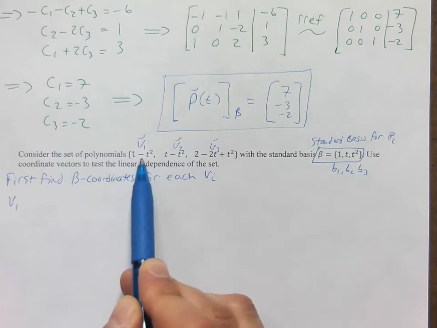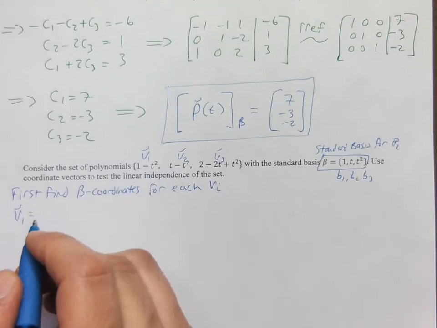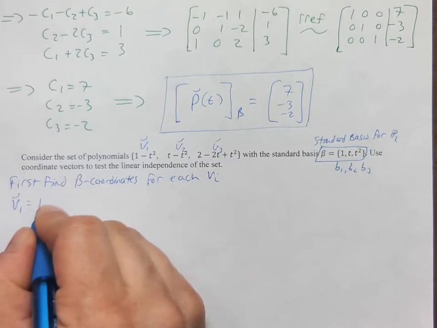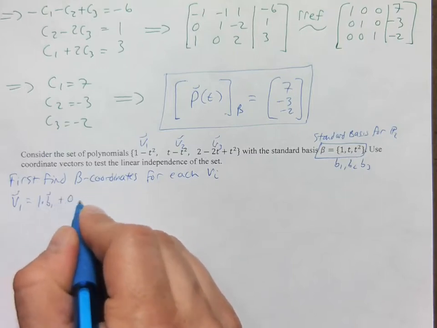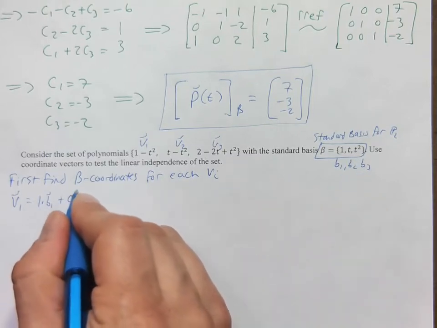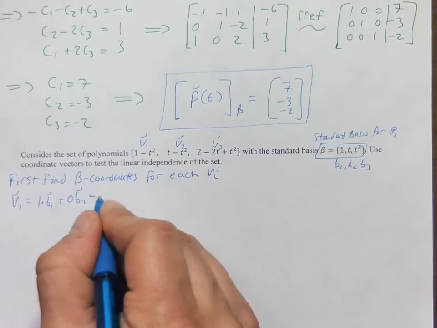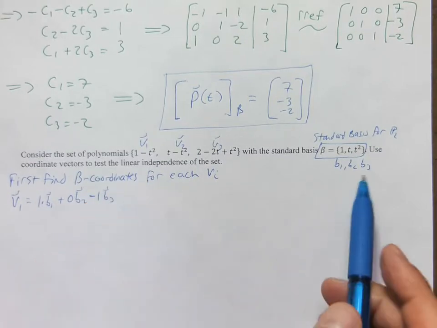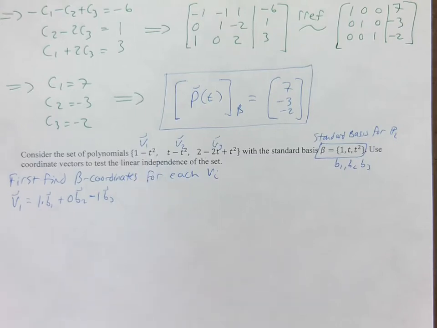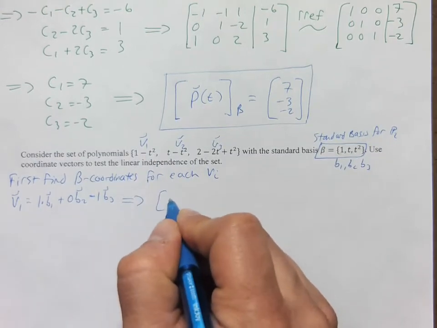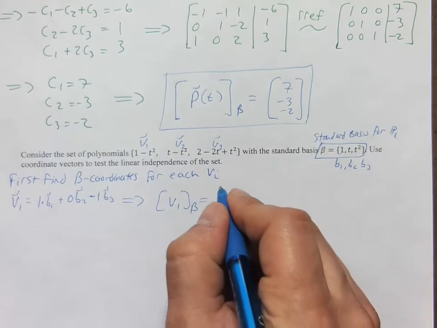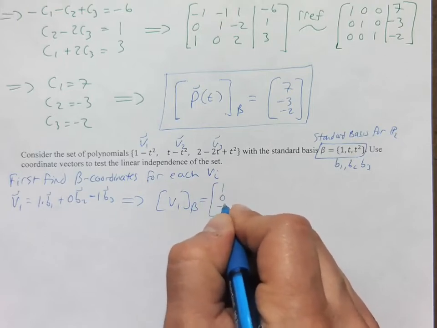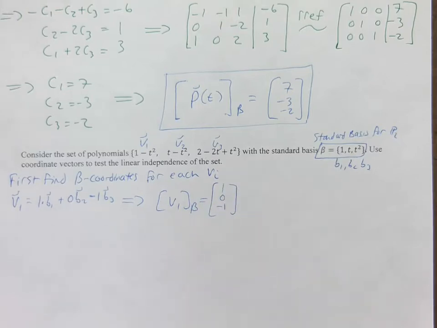So that first element, 1 minus t squared, v1, is 1 times b1, which is 1, plus 0 times b2, because there's no t's, minus 1 times b3, because there's a negative t squared. In other words, the coordinate vector for v1 with respect to this basis beta is 1, 0, minus 1. So it's literally just the coefficients that you need to use for those things.